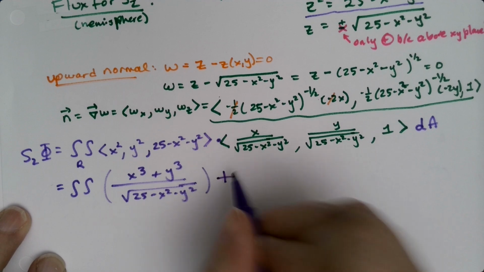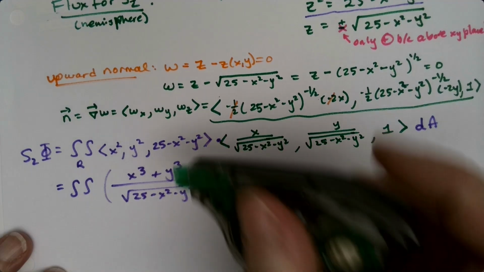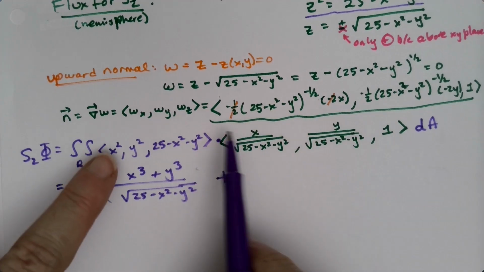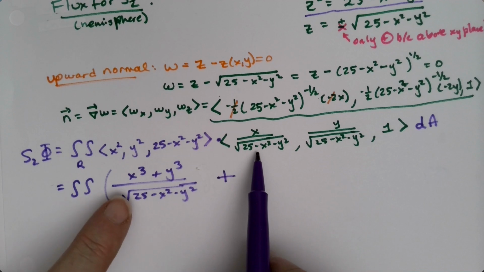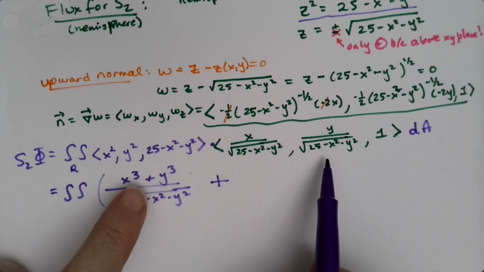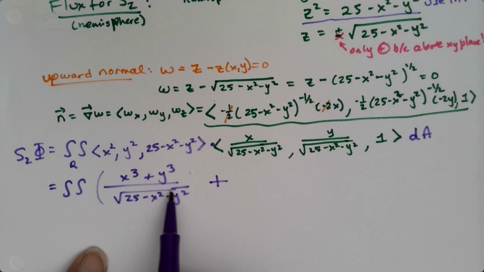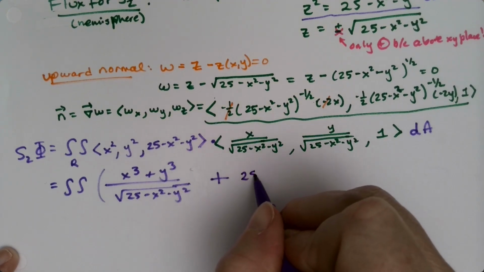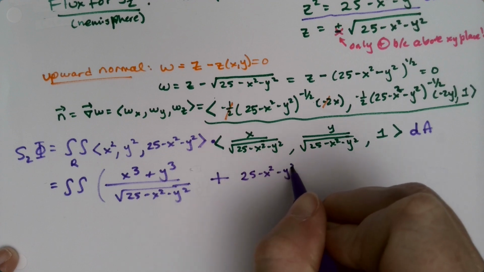Plus, right? I was about to say times, but it's plus. I did a little bit of double working there. It's x squared times x over that plus y squared times y over that. So they have the same denominator, so they can just get pushed together. And then this is 25 minus x squared minus y squared.